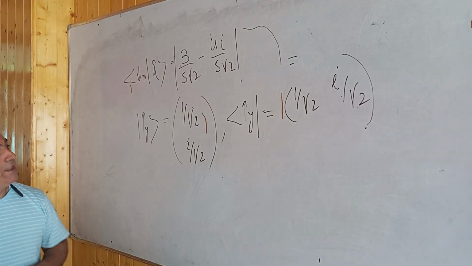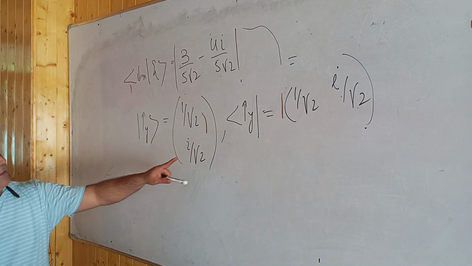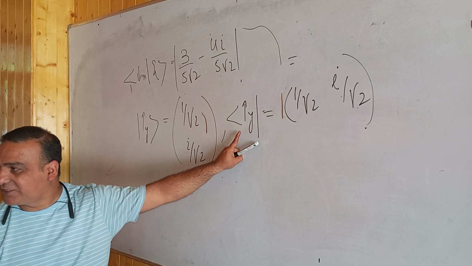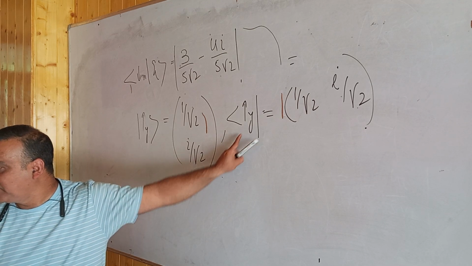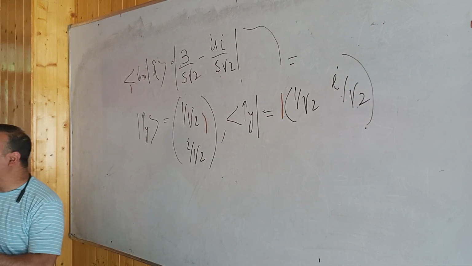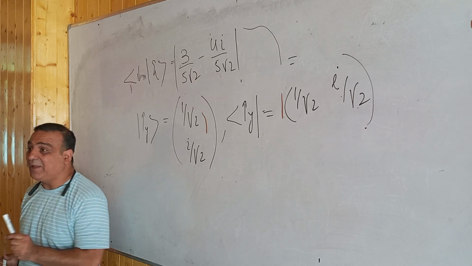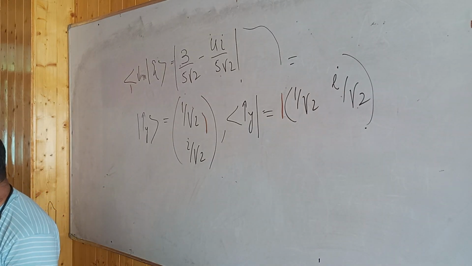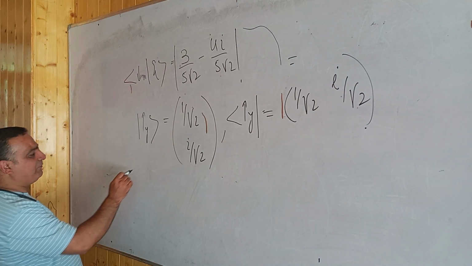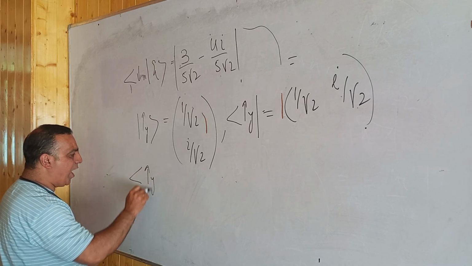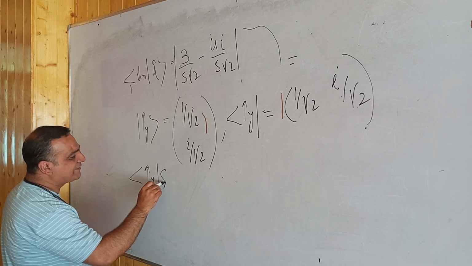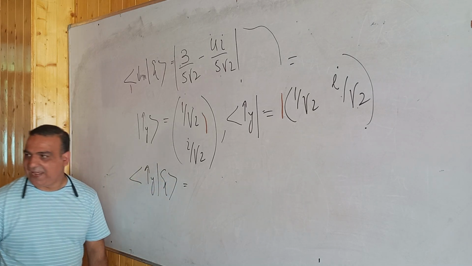Let's see. Okay, so this is our iota, this is our spin up along y, okay? Now what I will do is take the inner product of this, spin up along y, with zeta. So that will be spin up along y and you will have zeta. Is this clear?